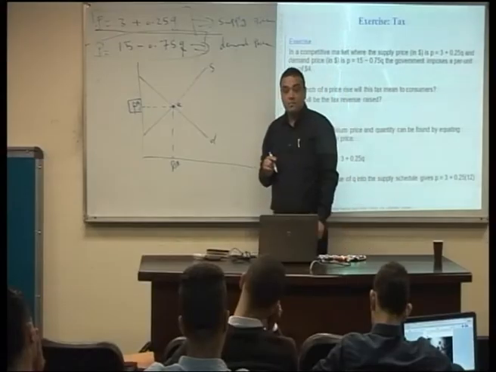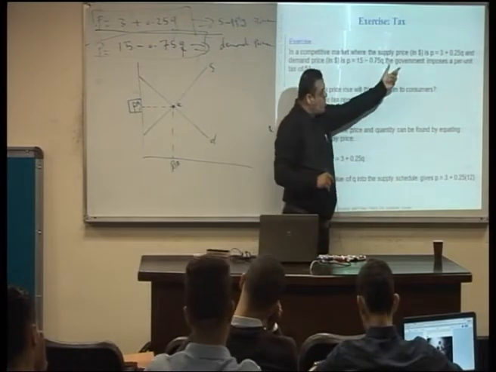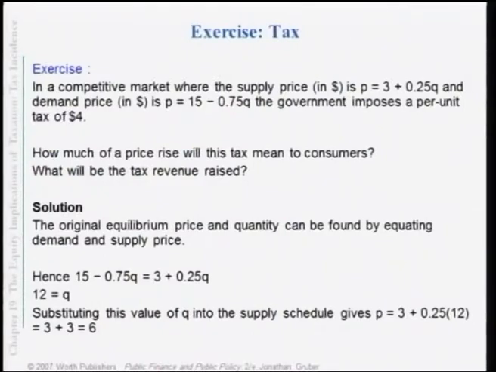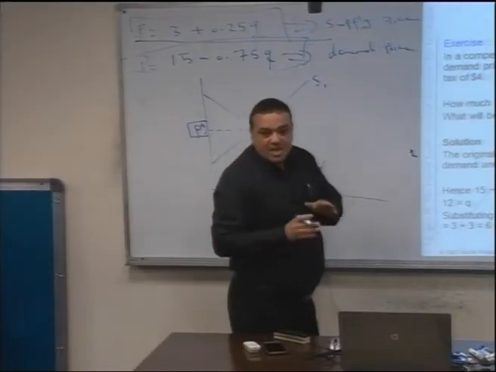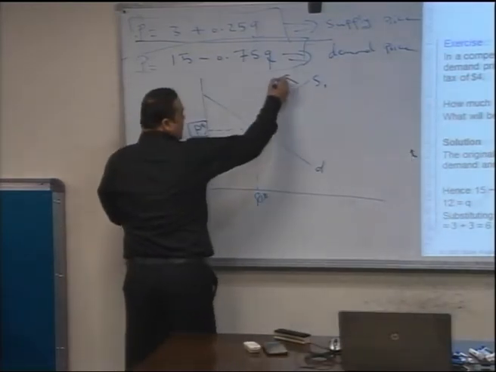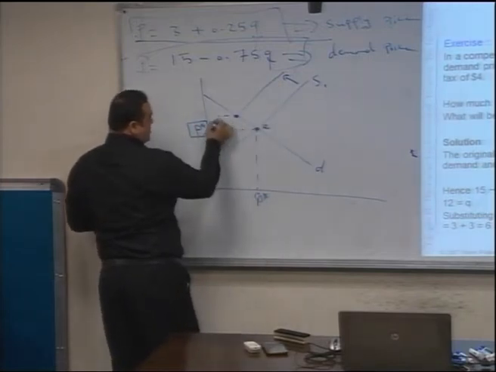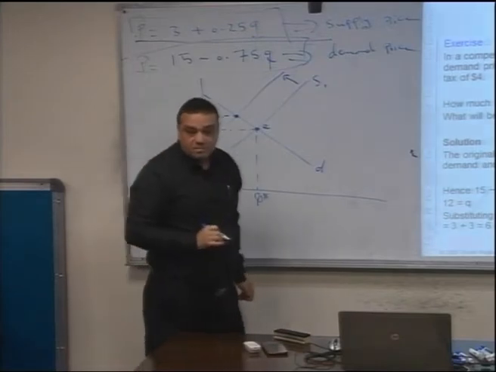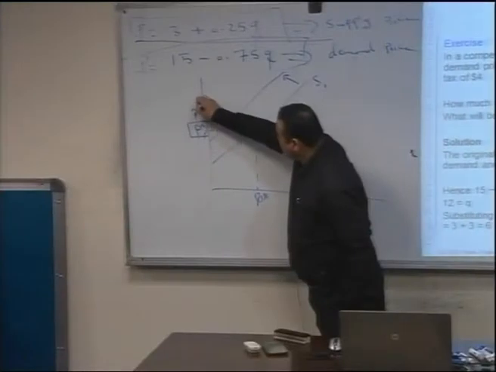If a per unit tax is imposed on the producer, what happens to the price? If the government imposes a per unit tax on the producer, supply shifts left. What will happen to the price here? It increases, from P star 1 to P star 2.